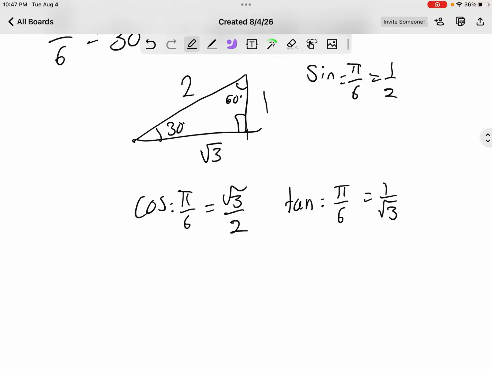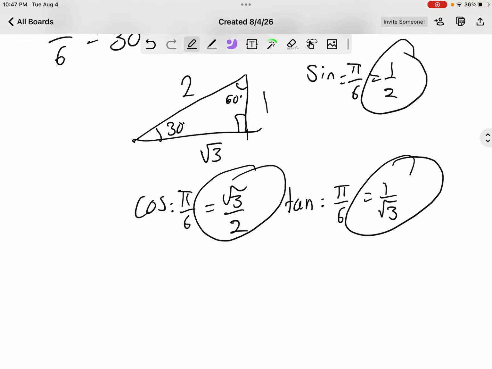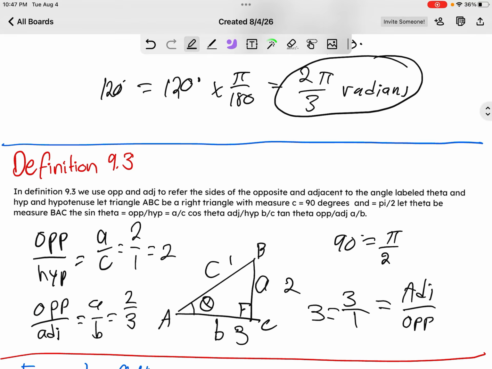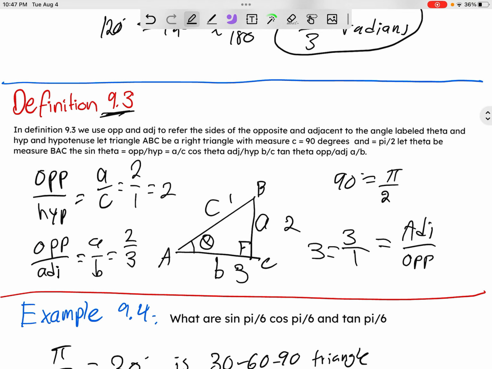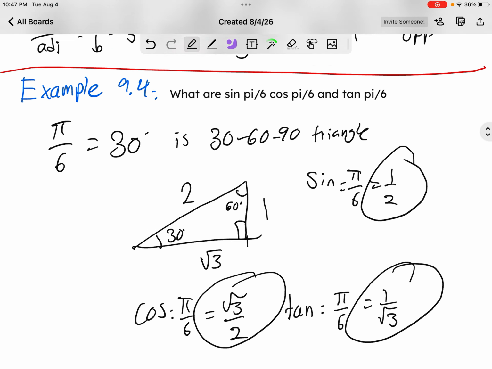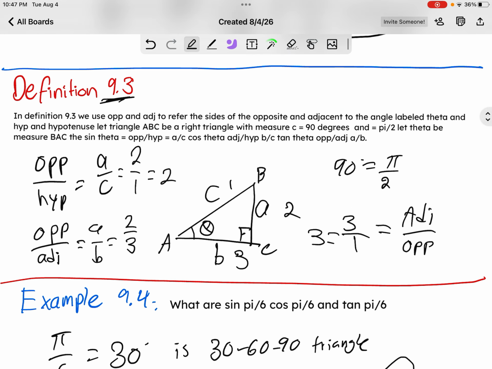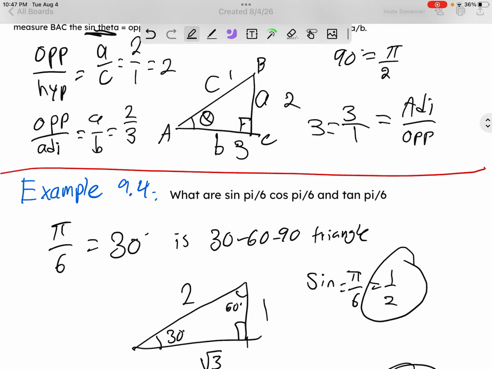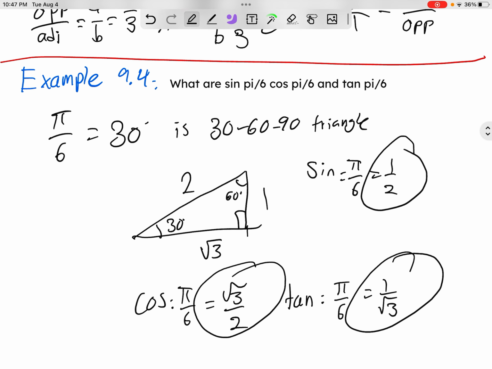Now you might be wondering how we got 1 over 2, root 3 over 2, and 1 over root 3. It's all because of definition 9.3. They're asking for sine theta, opposite over hypotenuse, which is A over C, and A over C is easily 1 over 2.